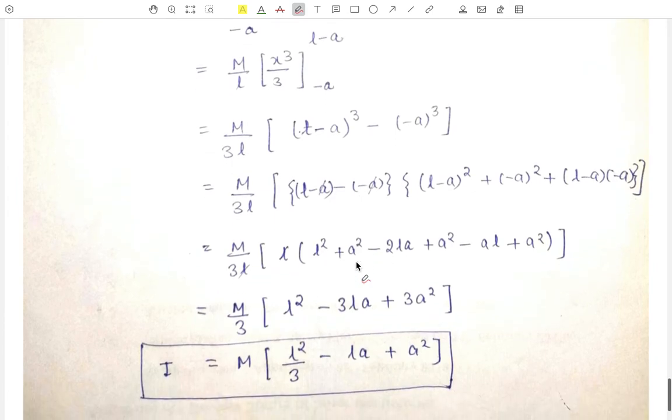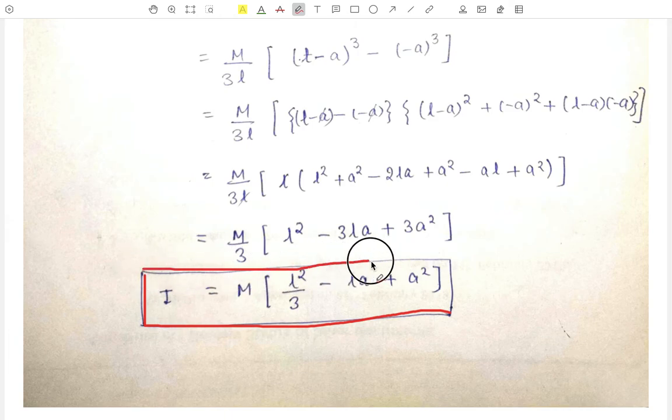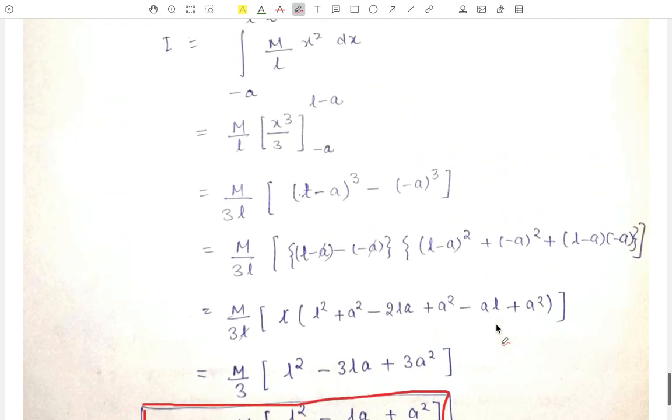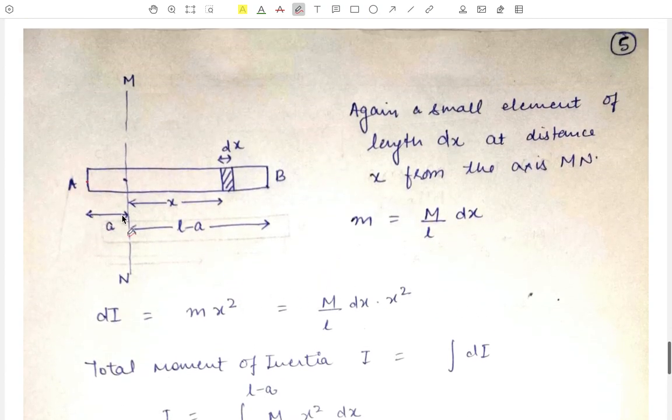Upon calculations, the moment of inertia will be equal to m into l square upon 3 minus la plus a square. This is the moment of inertia of the body about any axis that is at a distance of a from one end of the rod and is perpendicular to the length of the rod.